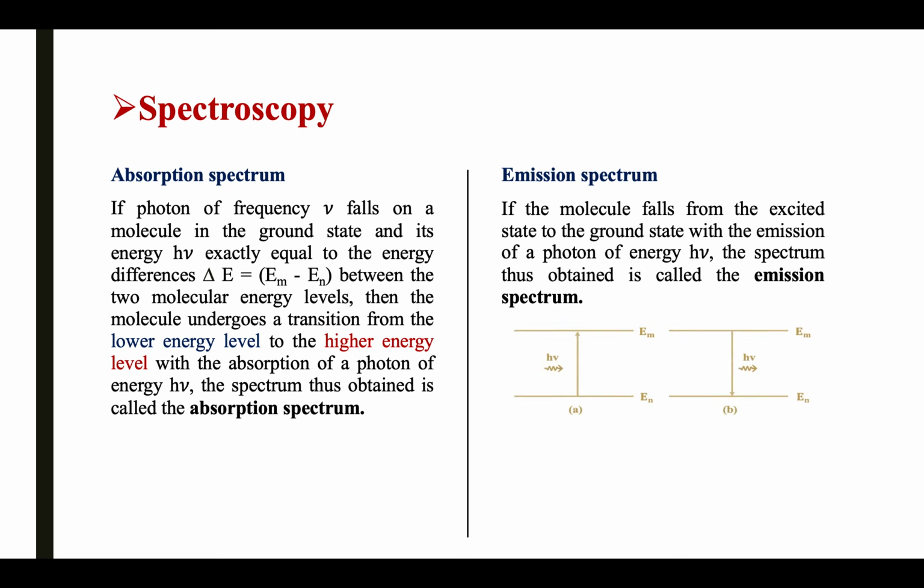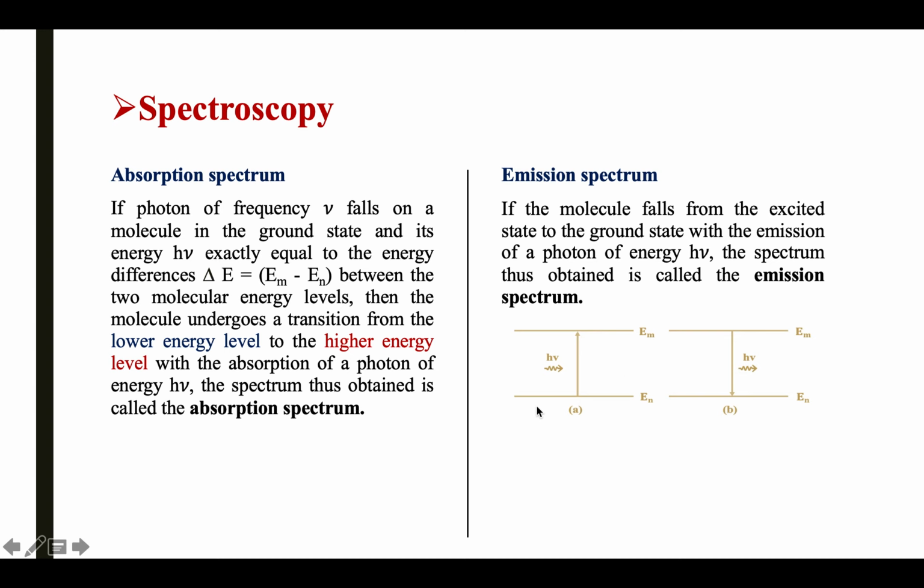In figures A and B, they have shown En, which is the initial level, and Em, which is the final, higher energy level. These are the two different energy levels.